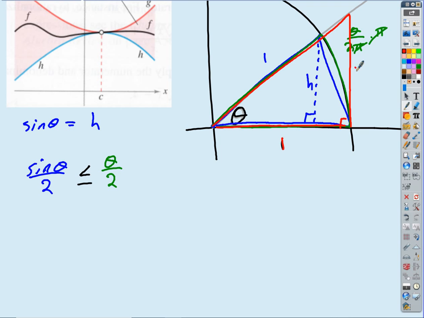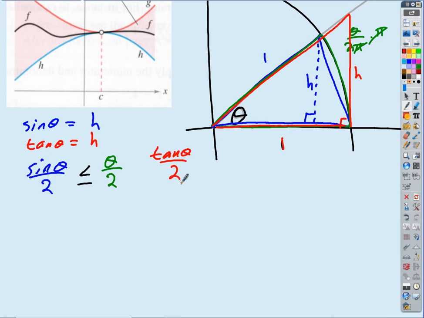We'll just call it red h for now. That'd be a tangent, wouldn't it? Because the tangent of theta would involve the opposite, which is h, over the adjacent, which is 1. The hypotenuse we don't know here, but we know the other two, right? So we could say tangent theta equals h over 1, which is h, right? So the area of that triangle would be 1/2 times 1 times h, and h is tangent theta.